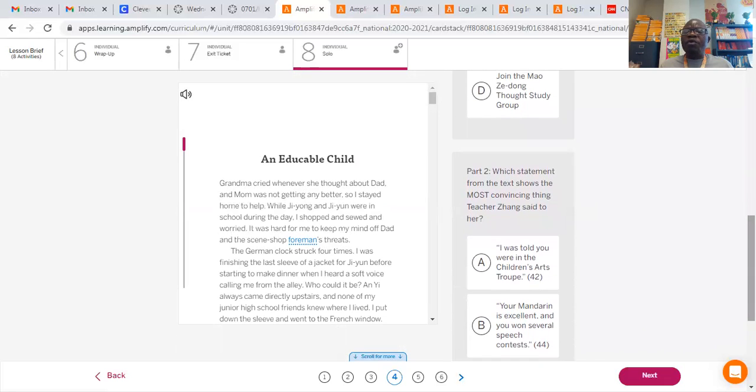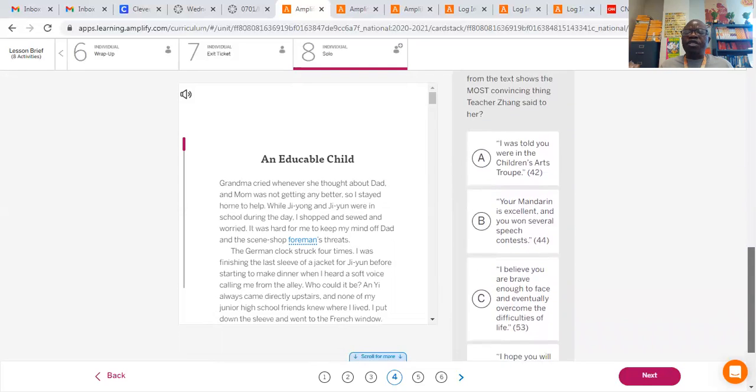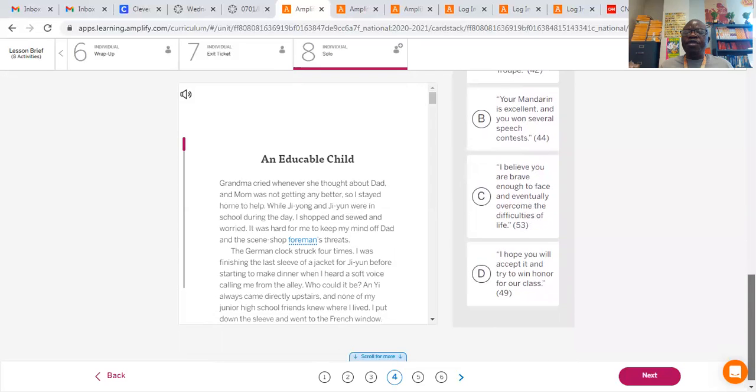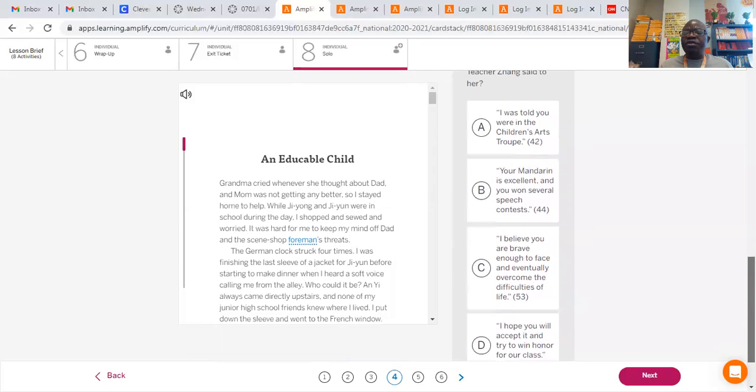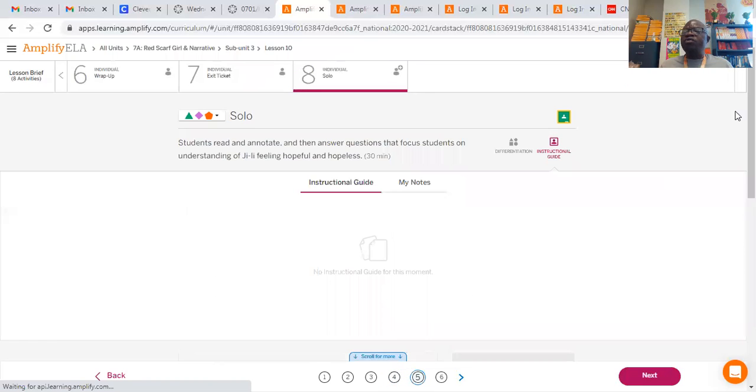Second part, which statement from the text shows the most convincing thing teacher Zing said to her? What is the most convincing thing the teacher said to her? You have A, B, C, D. So choose the correct answer. And then go to the next one.